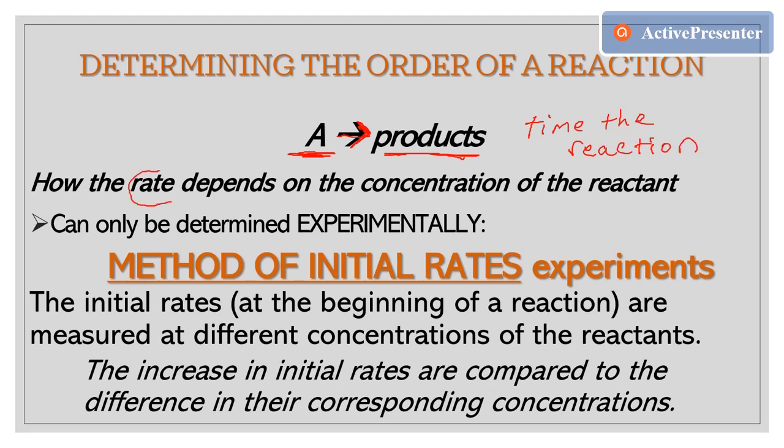So the rate, of course, is how the concentration of A, and I'm just using this for a generic molecule, gets used up over a period of time. So the rate depends on the concentration of the reactant, usually in orders of a reaction.